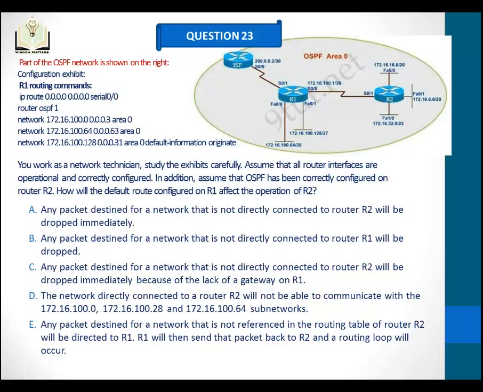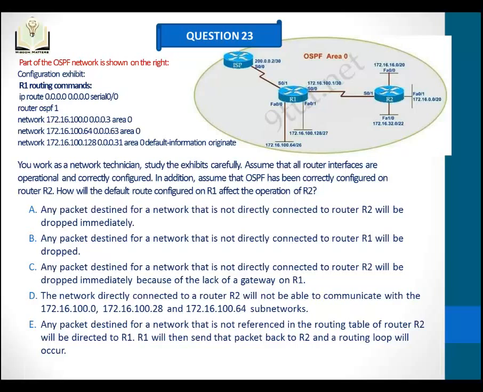D, the network directly connected to router R2 will not be able to communicate with the 172.16.100.0, 172.16.100.28 and 172.16.100.64 subnetworks. E, any packet destined for a network that is not referenced in the routing table of router R2 will be directed to R1.